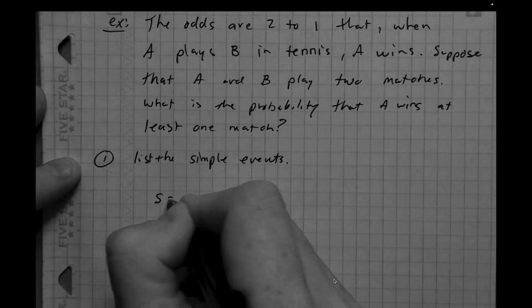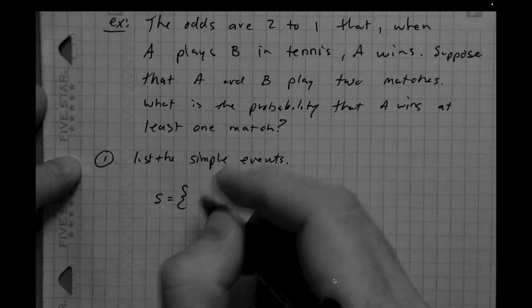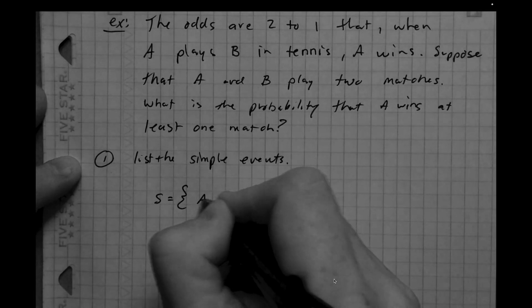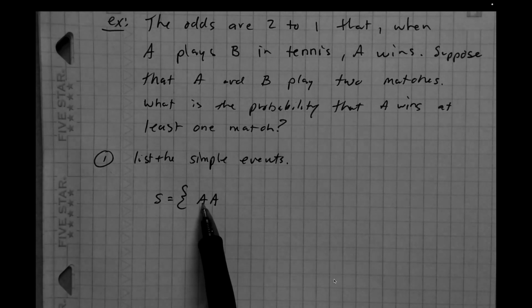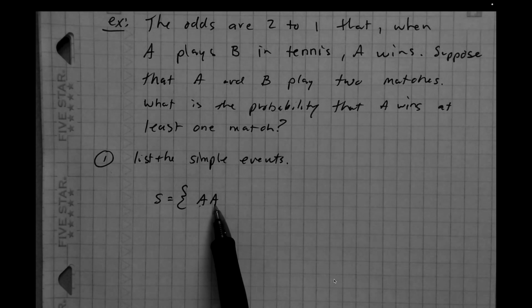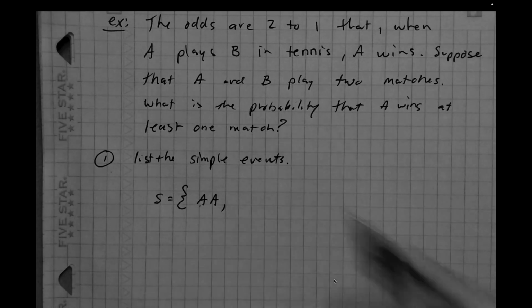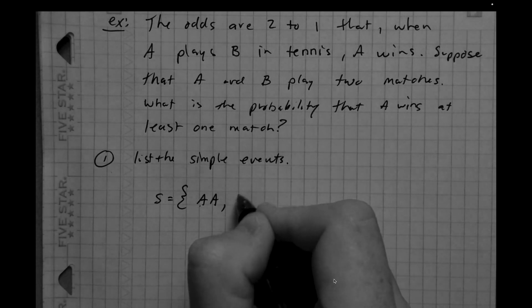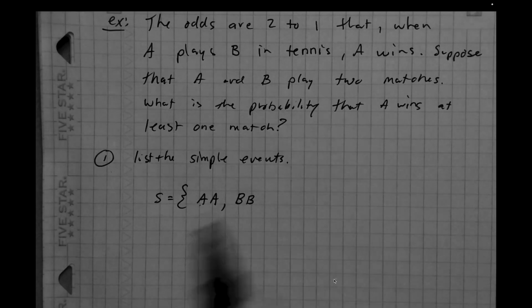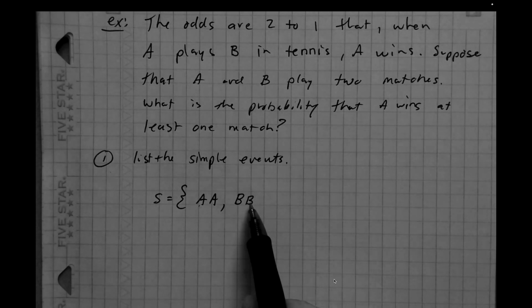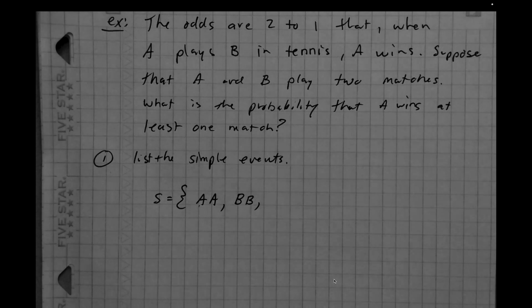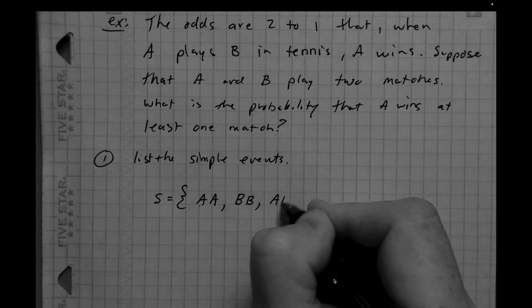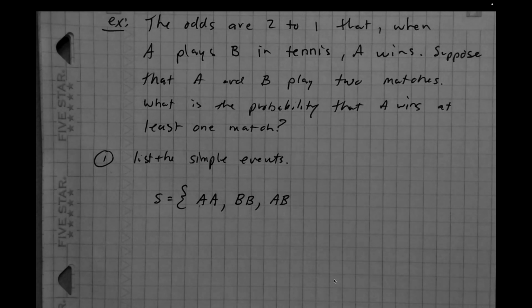So the sample space here is going to look like this: A, A, meaning that A wins the first match and A wins the second match. Another possibility would be that B wins both matches. B wins the first match, B wins the second match. A third option would be that A wins the first match and B wins the second match. Right?